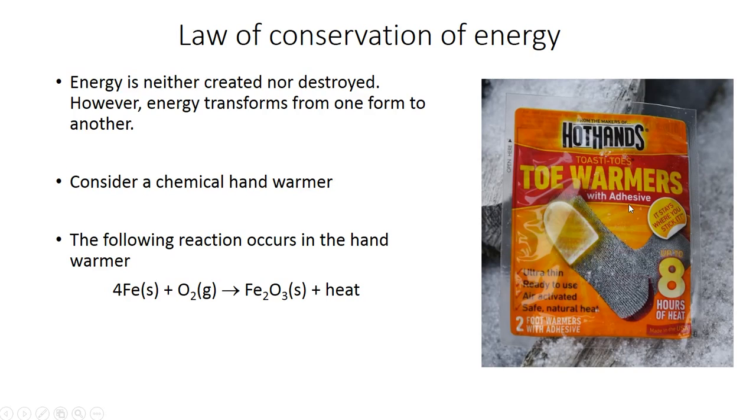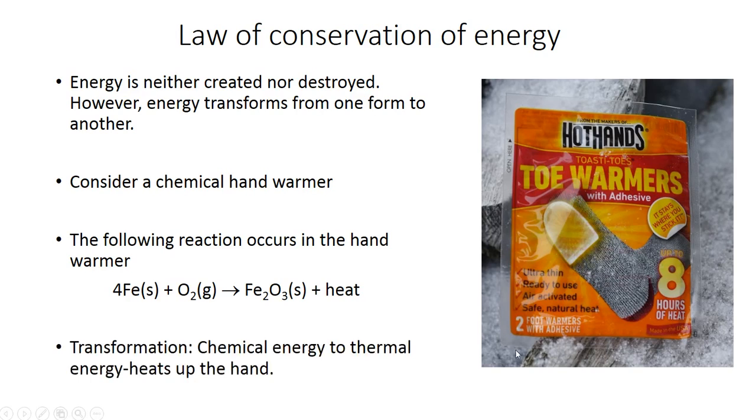And even in our bodies, there will be transformations of that energy. So the energy is not lost. It is just transformed. So this is the type of transformation that has happened: the chemical energy to thermal energy, and the thermal energy will heat up the hand.